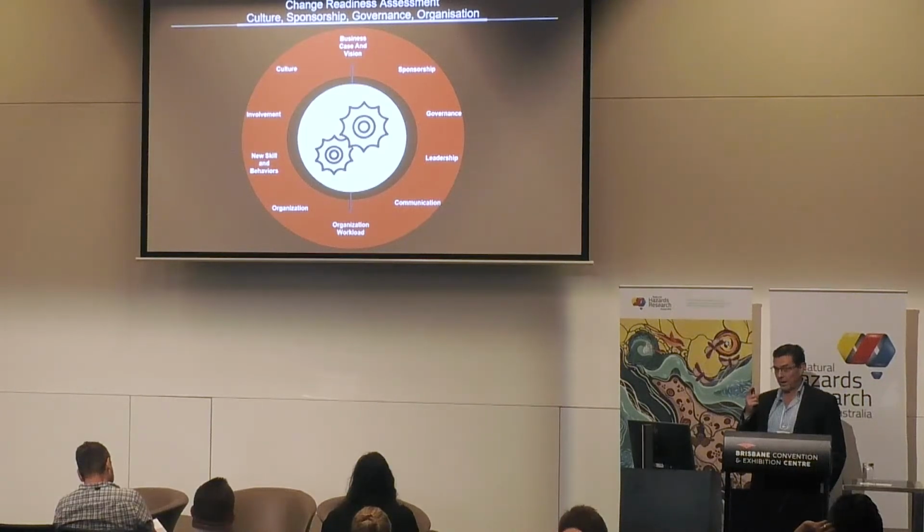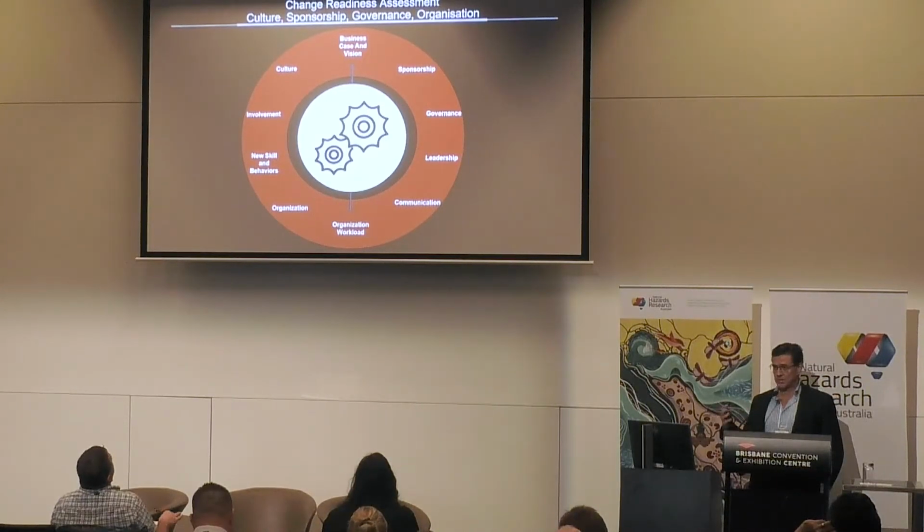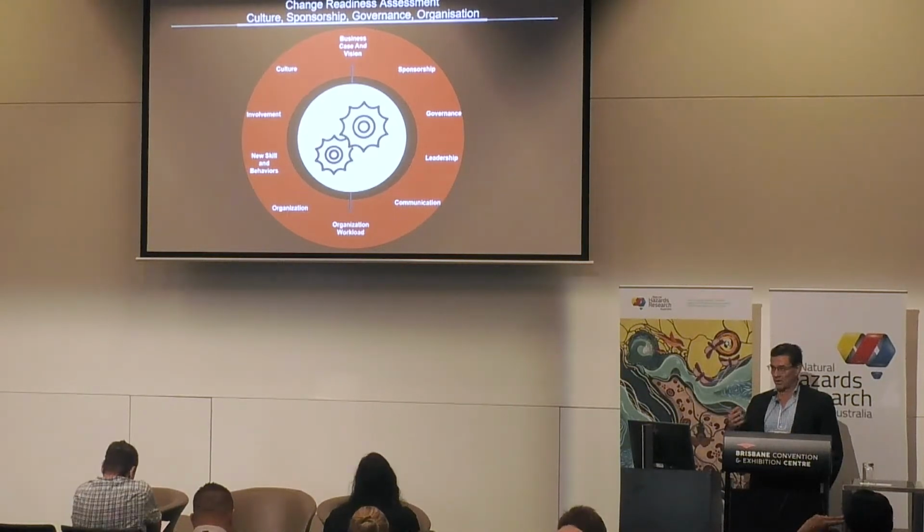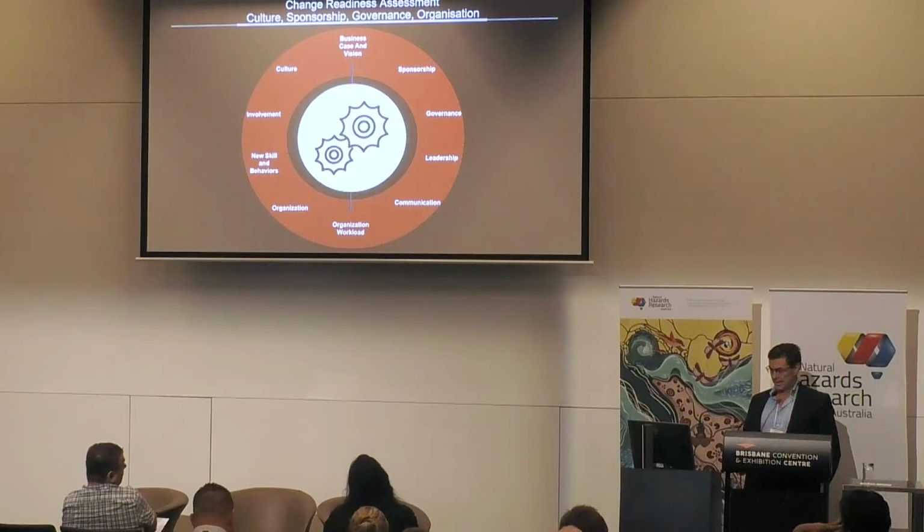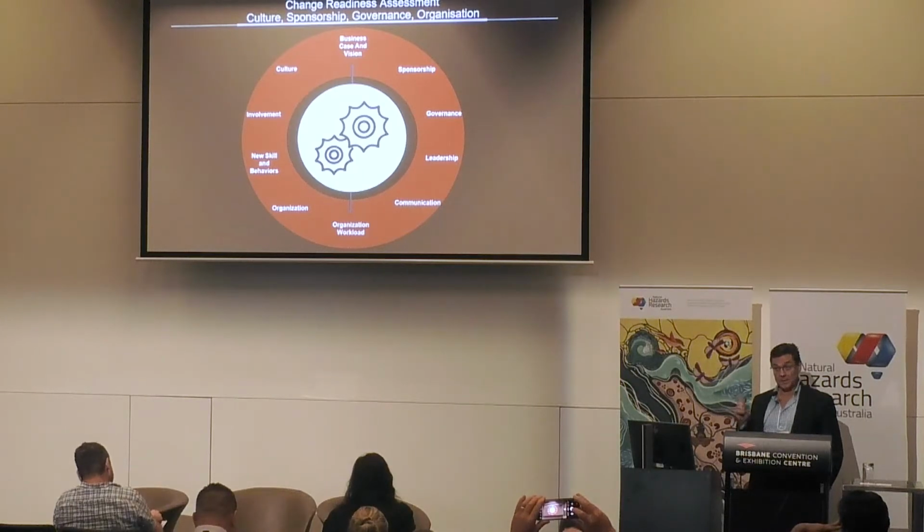And then the fourth part is, how do we think about change readiness? So culture, business vision, sponsorship, governance, leadership and communication, and organisational workload. We're looking at this from what I would say is the buy side. Most of what we talked about previously was the sell side, the tech companies and organisations developing the innovation. This is now, how ready is the buy side to adopt this technology, and how do we start thinking about bridging the gap to get to an operational readiness stage?